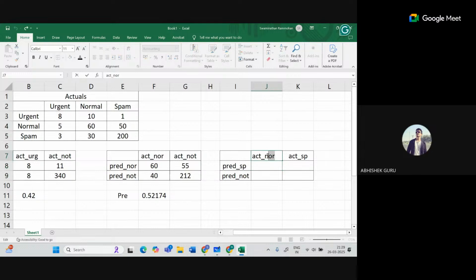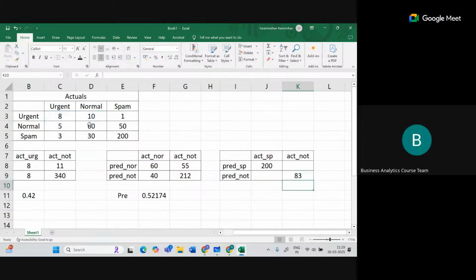Spam and not. So this is 200. What about this one? That would be 8 plus 60 plus 10 and 5. So 230. So similarly, you can calculate precision and recall of class 1.